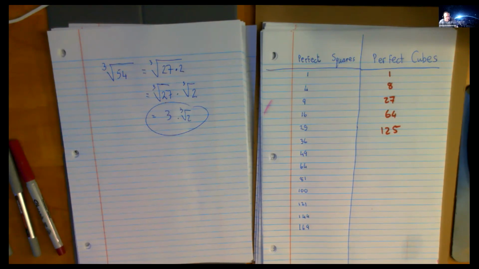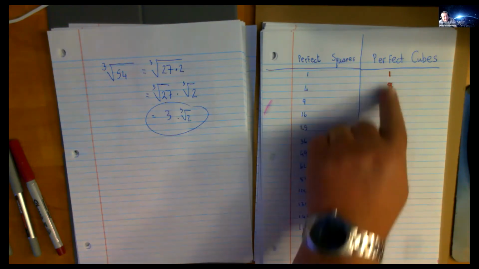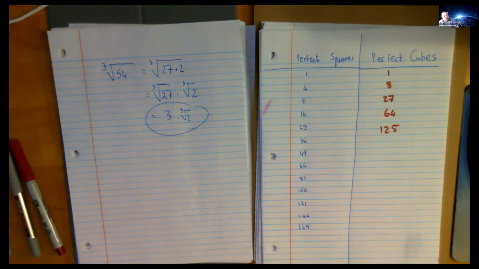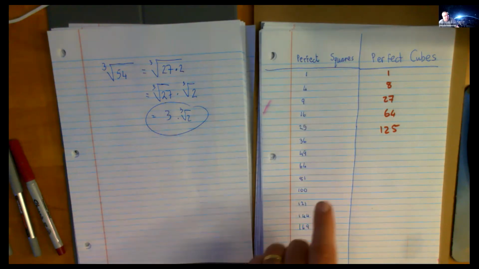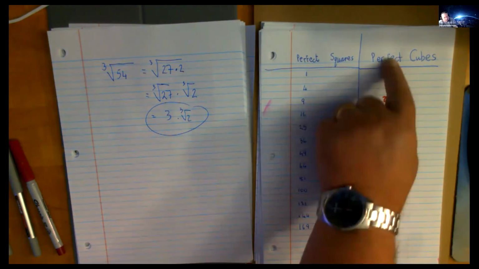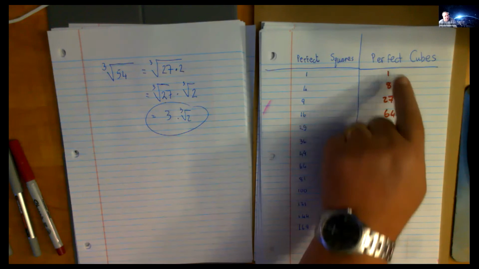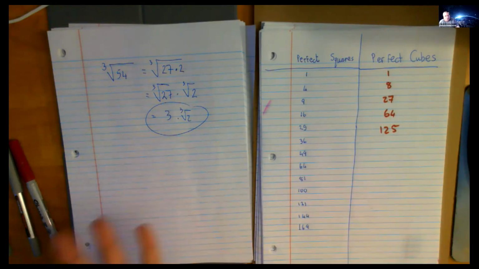So it's got much the same kind of process as we would do with square roots, doesn't it? But now it's perfect cube times something rather than perfect square times something. And as I said earlier, there are a lot less choices. So it should be easier to tell when you can do it and when you can't. Give an example. Cube root of 33.